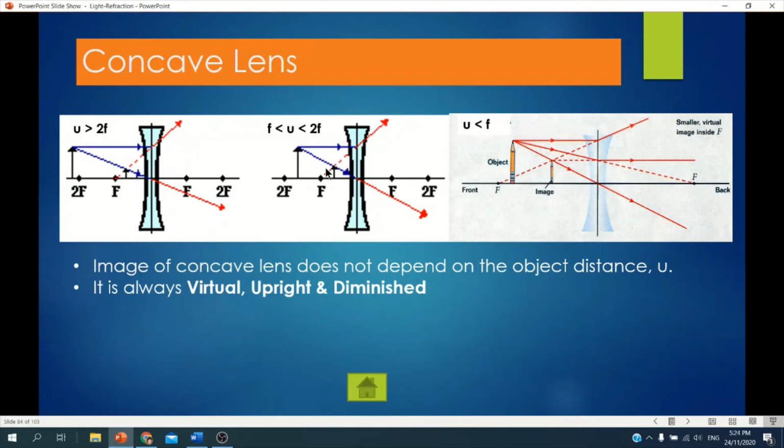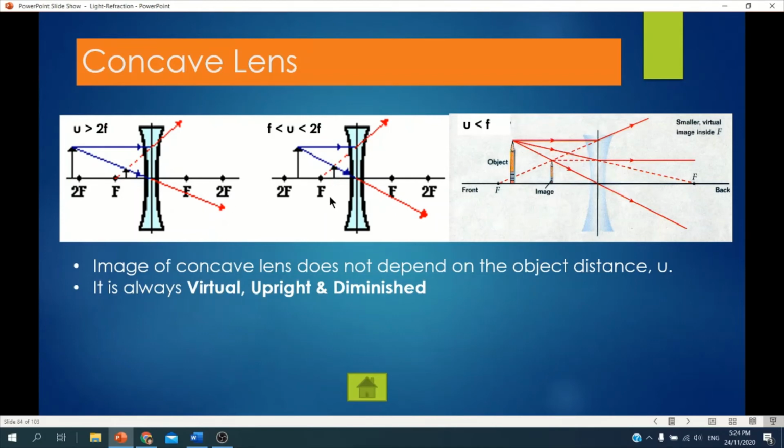So this is the image. So again, you compare the image at this position and this one. Aren't they similar? So they are similar. How are they similar? They are virtual, upright, and diminished.